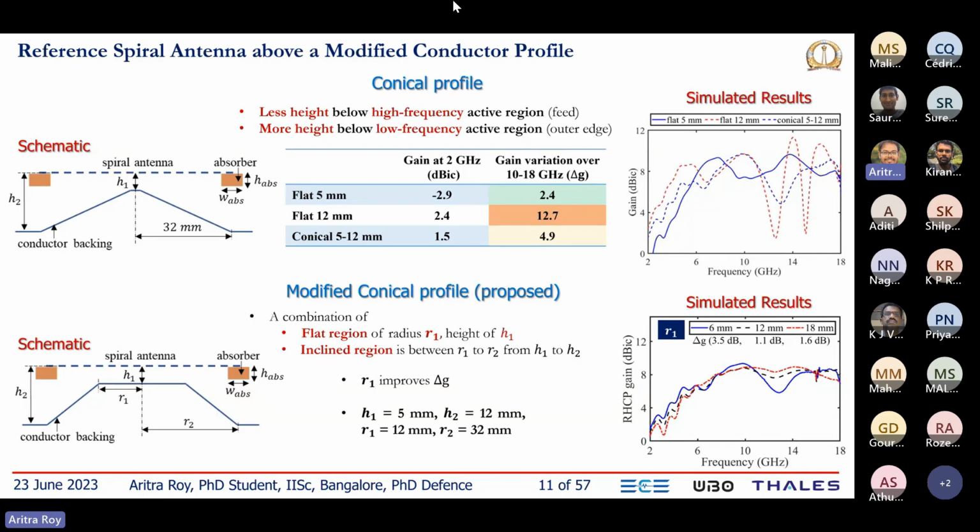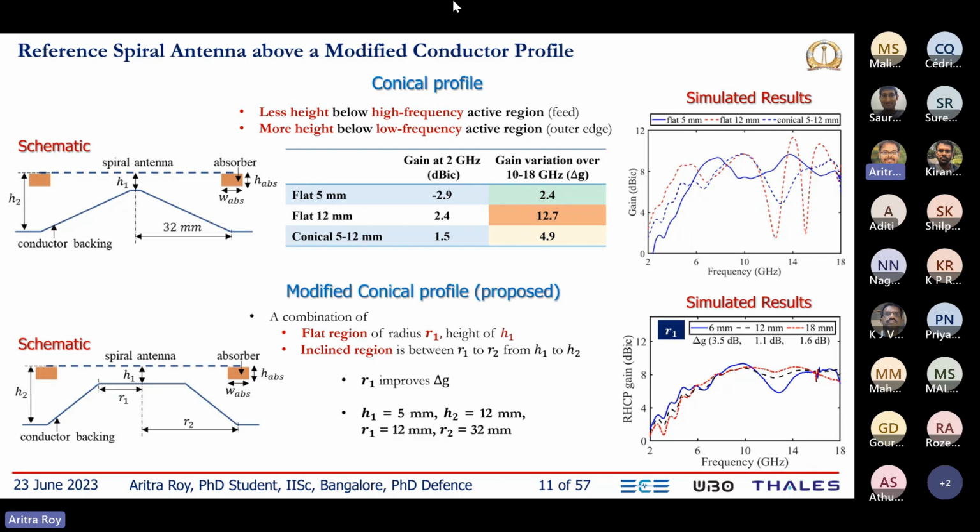The flat region is placed only H1 below the spiral and it has a radius of R1. In the simulation, we have shown that if we optimize the result by varying R1, we can restrict the gain variation within 1.1 dB between 10 to 18 gigahertz.